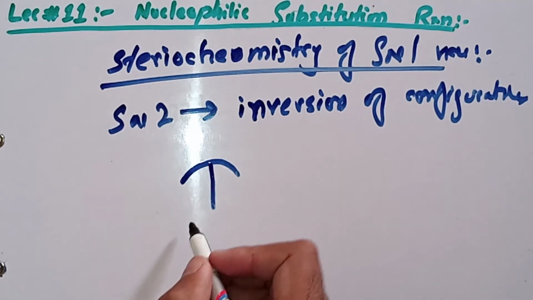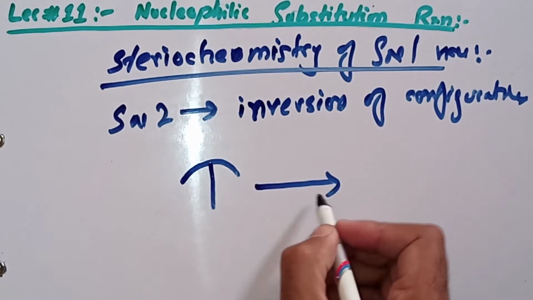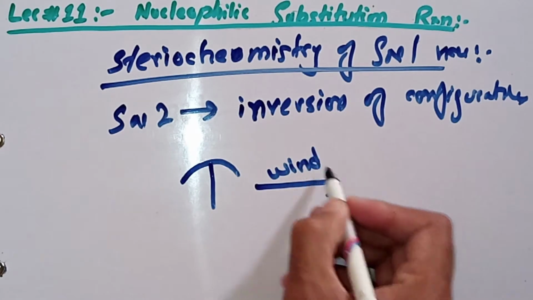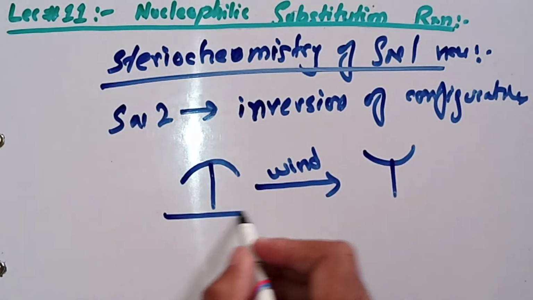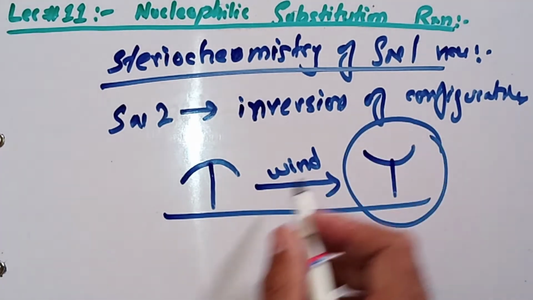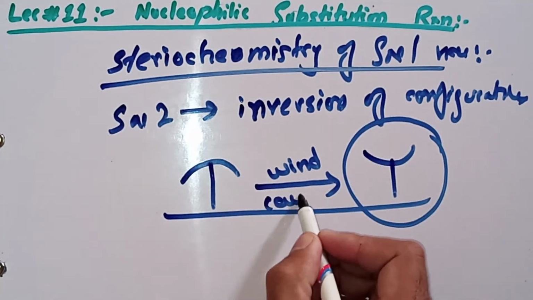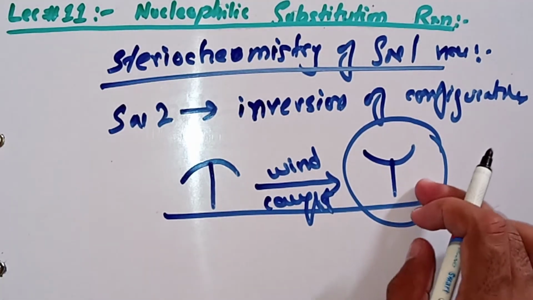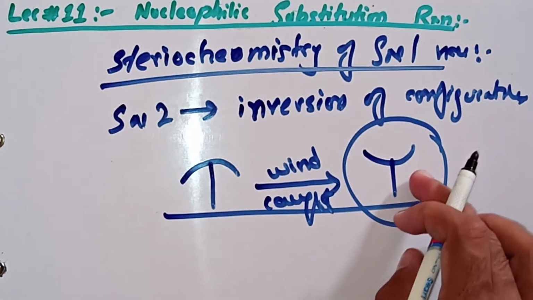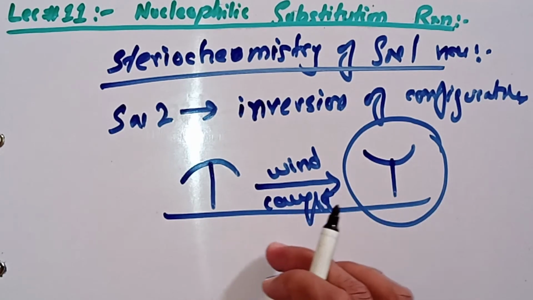Let's suppose this is an umbrella. When the umbrella is caught by wind, it becomes like this. So this is called inversion.